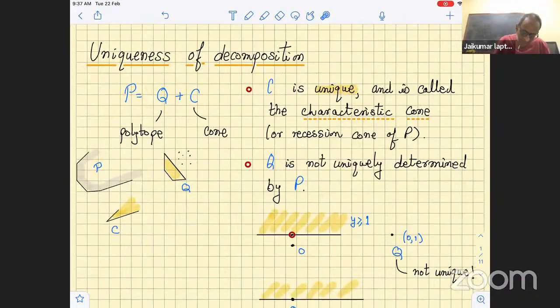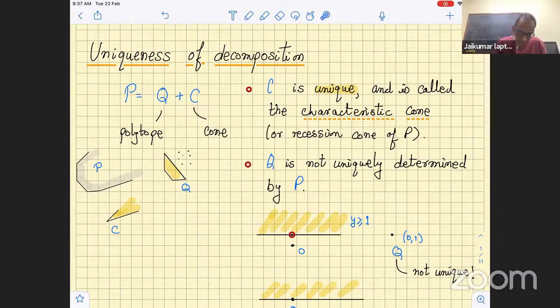So last time we said any polyhedron can be decomposed as a sum of a polytope, that means a convex hull of a finite number of points, and a cone.